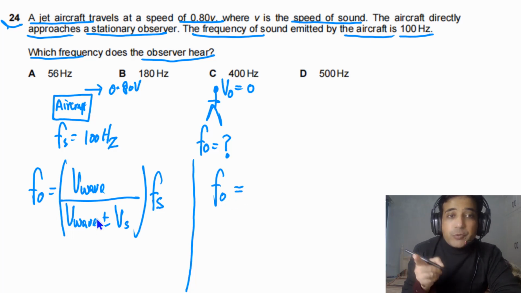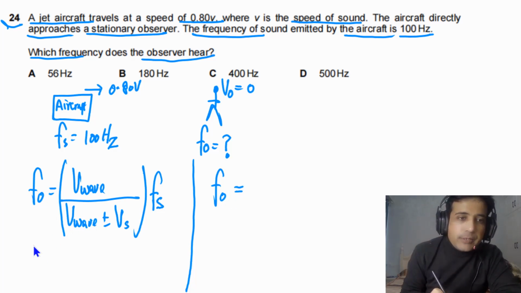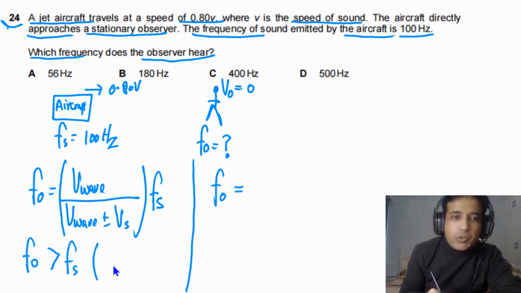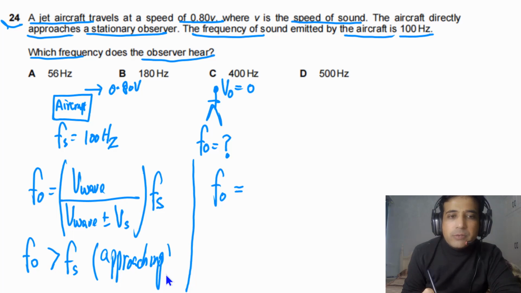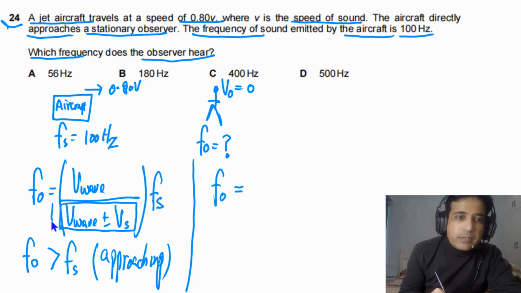In this case, the source is approaching, so f naught has to be greater than fs. Now you can choose whether it is a negative or positive sign. F naught has to be greater, so this has to be a negative sign, because the denominator has to be smaller than the numerator. If the denominator is lower, this will be higher.